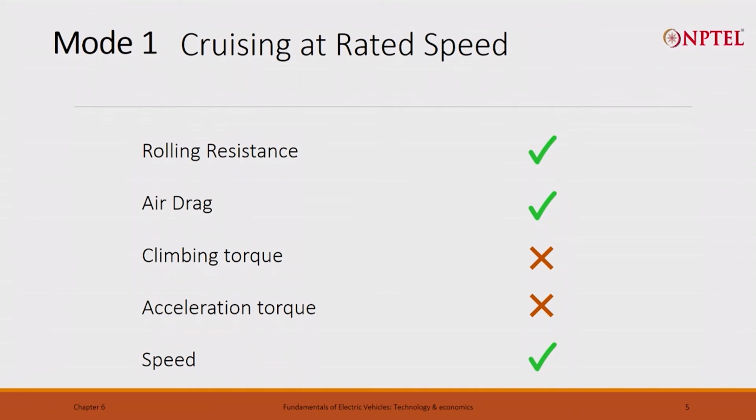I am going on level ground, so there is no climbing torque required. I am going at a steady speed, cruising, so there is no acceleration torque required. So the total torque that is required is the sum of the rolling resistance and the air drag, and this torque should be delivered at a reasonable speed because I am going at a rated speed.